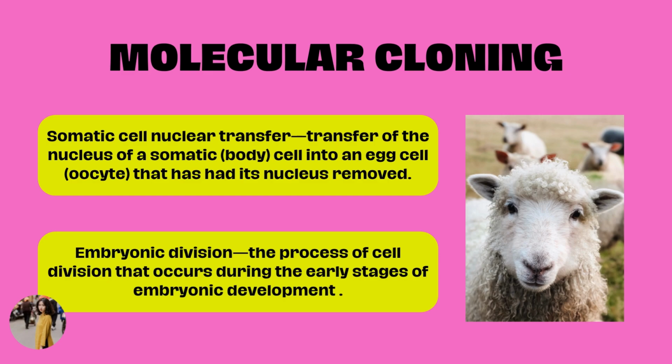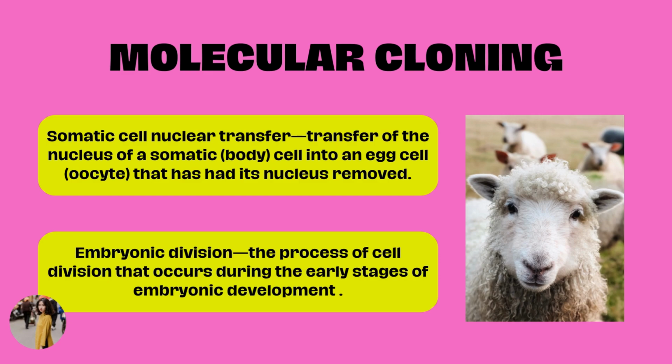And also, Dolly the sheep, which is one of the most common examples in genetic modification, is a product of somatic cell nuclear transfer, which is the transfer of the nucleus of a somatic cell into an egg that has had its nucleus removed.